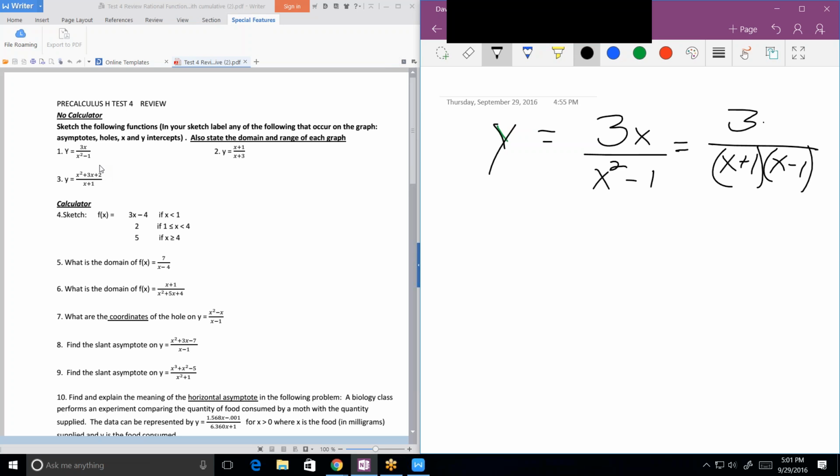Now, vertical asymptotes are always where what happens? I forgot. Where the denominator is 0. Okay, in other words, you can't divide by 0.